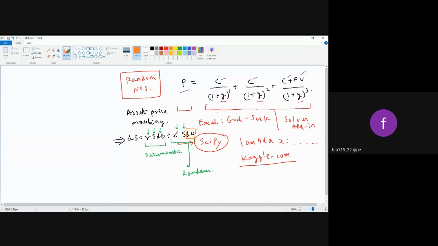So do we have anyone from a physics background as a part of our class? Okay, I don't think so. Because those from a physics background might have been introduced to the concept of geometric Brownian motion.